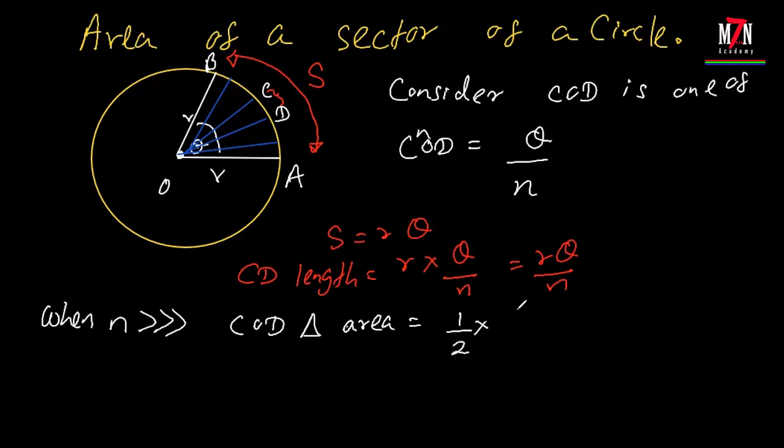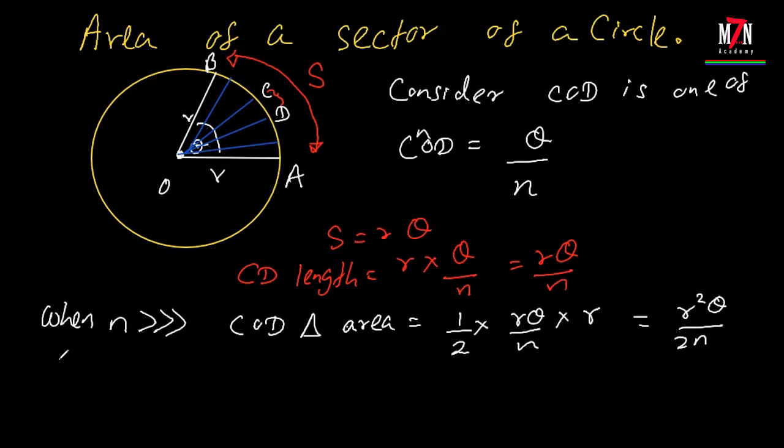The base will become CD, that is r theta over n, and the perpendicular distance will equal the radius r. So COD area will equal r squared theta over 2n.